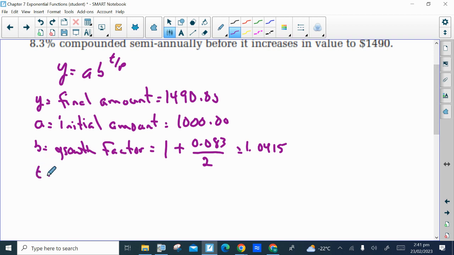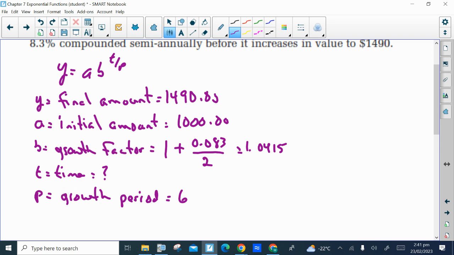T is our time. That's what we're trying to find. And P again is the growth period, which is how many months go by until the interest is calculated. Because it's semi-annually, that means every 6 months. Every 6 months the interest is calculated.